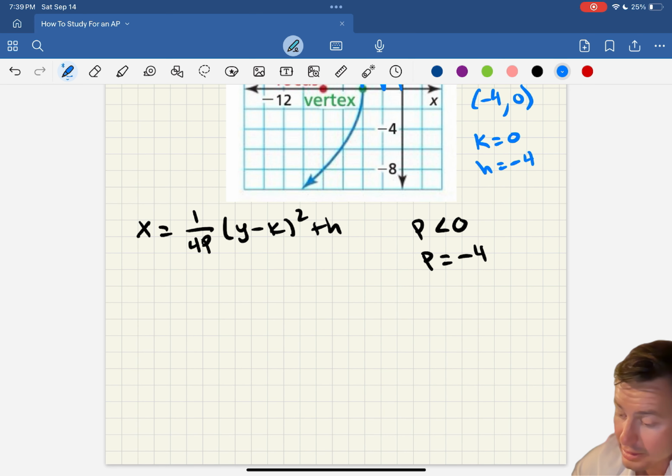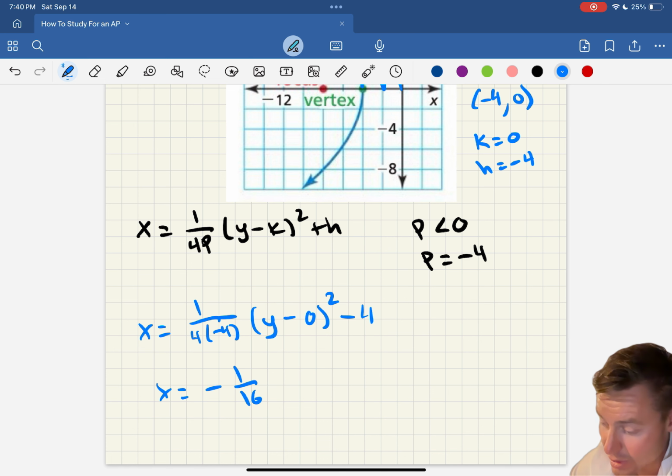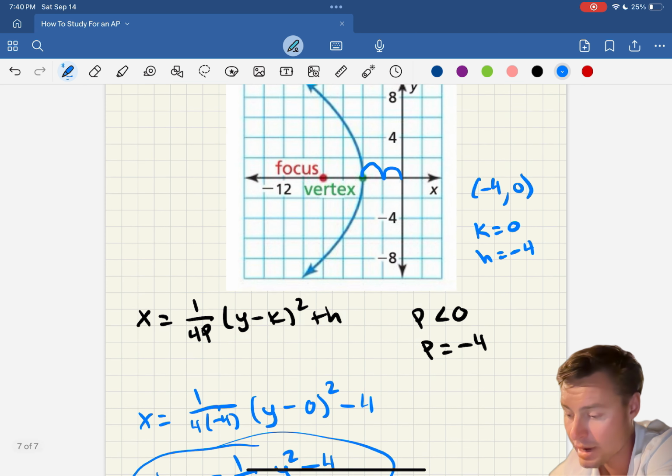We know x is equal to 1 over 4 times -4 times y minus 0 squared minus 4. Just simplifying that, I get x equals -1 over 16 y squared minus 4. There's my equation there. All right.